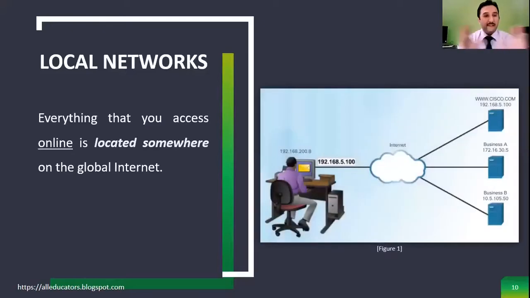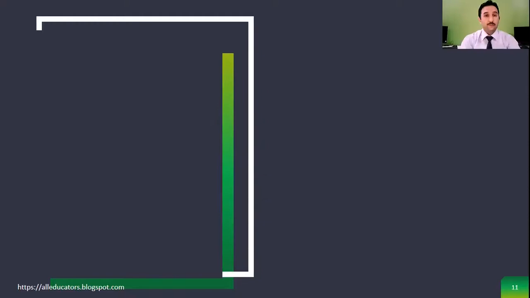Everything that you access online is located somewhere on the global internet: social media sites, multiplayer games, and messaging centers that provide email and online courses. All of these internet destinations are connected to local networks that send and receive information through the internet. As you see in the figure, the guy is working with the PC and is connecting to some internet connection.